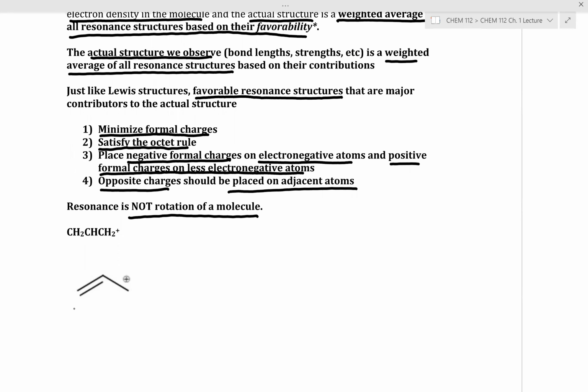Okay, so let me number these carbons: 1, 2, 3. This is a classic system that's often studied when looking at resonance. So we have an allylic cation: a cation, a positively charged carbon, adjacent to an alkene, a double bond, or a pi system, however you want to call it. Now, a common mistake I often see students make is that they just rotate the molecule around and say, oh wow, I've drawn a resonance structure.